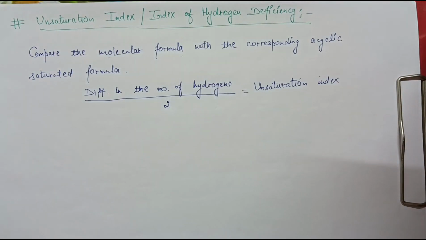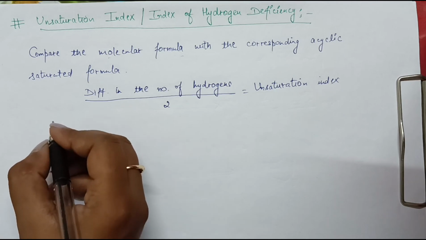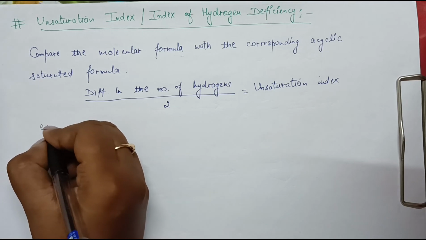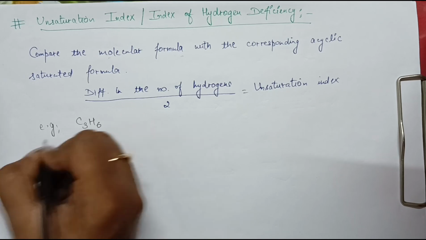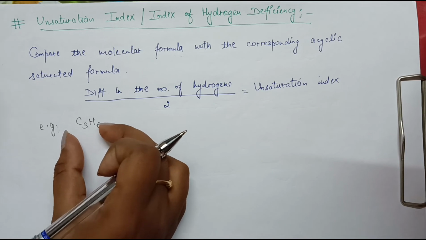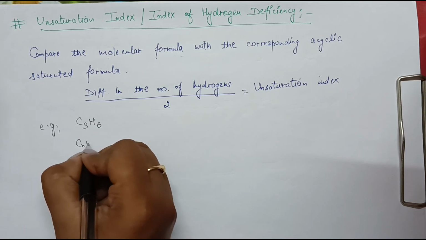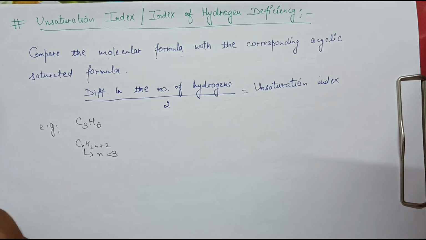So we will quickly discuss one very simple example. We are going to discuss this in an elaborate manner also, but now a very small example. Suppose we have C3H6, this is some molecular formula. If we compare this with CnH2n+2, here n is equal to 3.